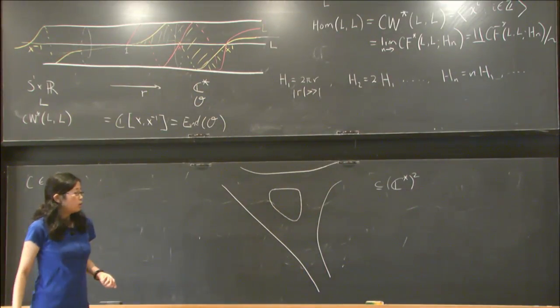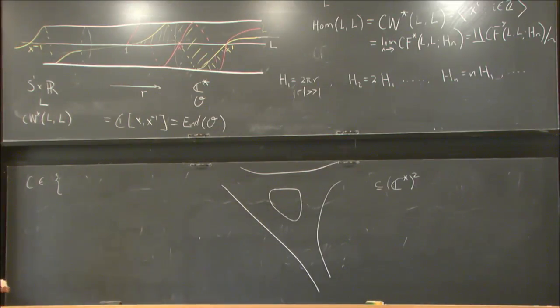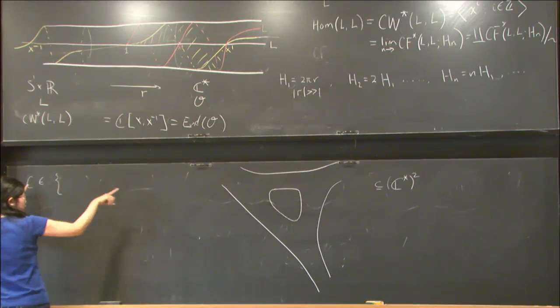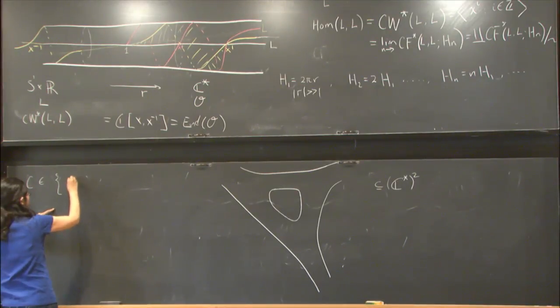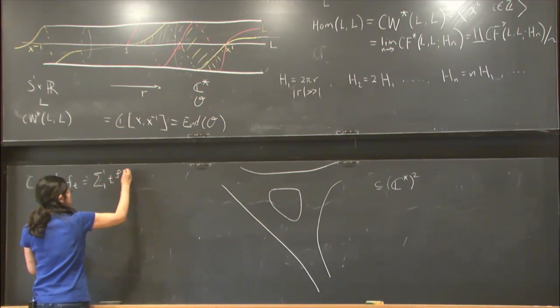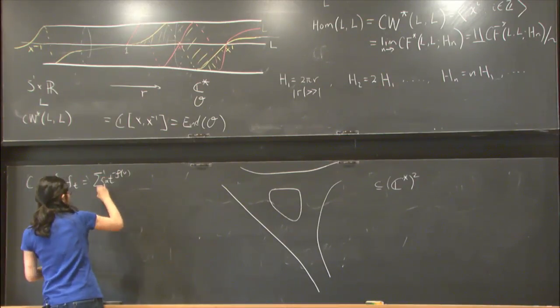But in general, any hypersurface in a projective toric variety, there's a way to decompose it into pairs of pants. So I want to think of only the hypersurface in C star 2 that belongs to a degenerating family near the tropical limit. So there are some Laurent polynomials we can write down.